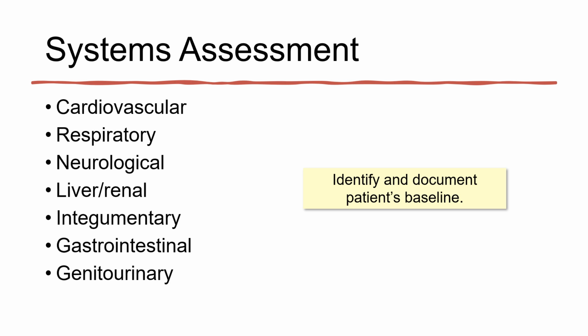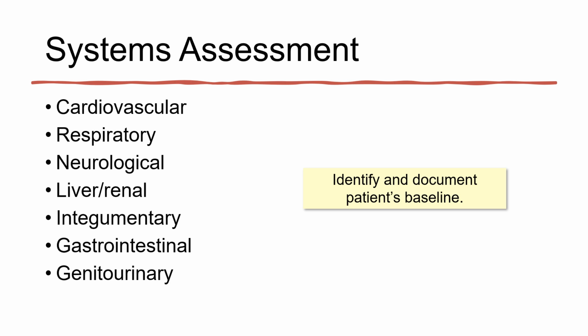Neuro status, very important. Are they A&O times 1 or are they A&O times 3? Their skin, are they at higher risk for skin impairment? Do we need to take extra precautions in the OR to make sure that we don't give them some type of wound? GI, were they constipated coming in? Do they have history of an ostomy? Are they continent?